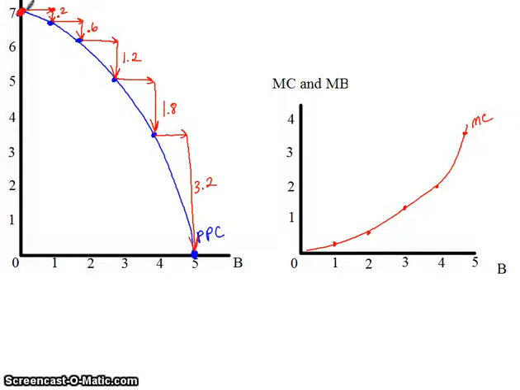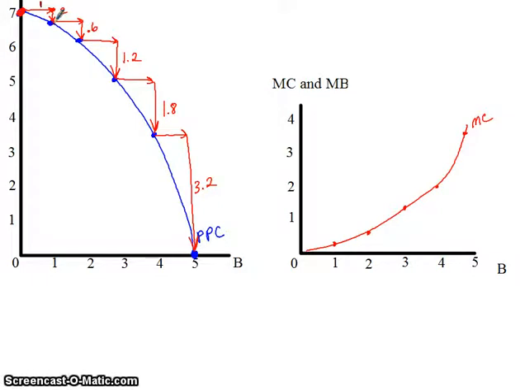So we were at 7 guns and 0 butter, and we added 1 unit of butter, and in the time that we spent producing that butter, we had to give up some guns, and so then we had to move back onto the production possibilities curve.